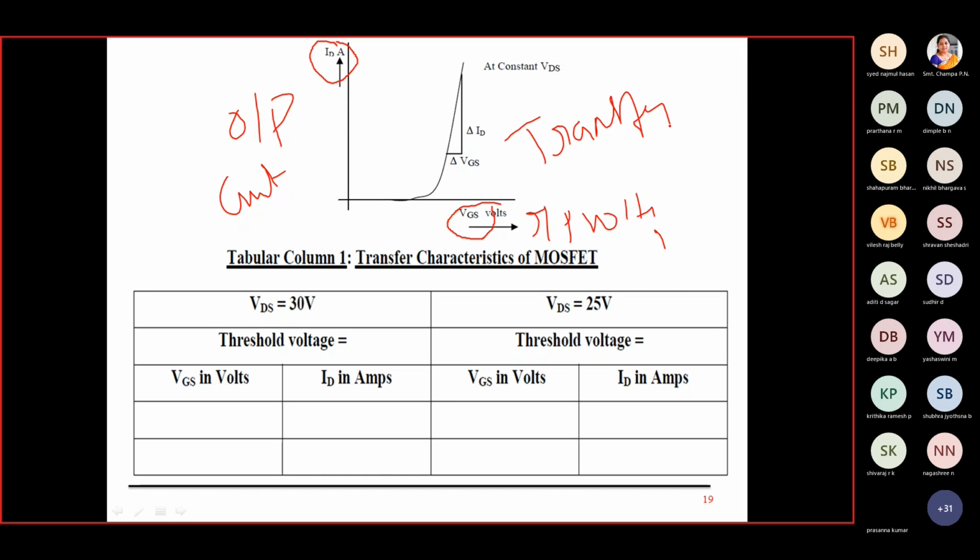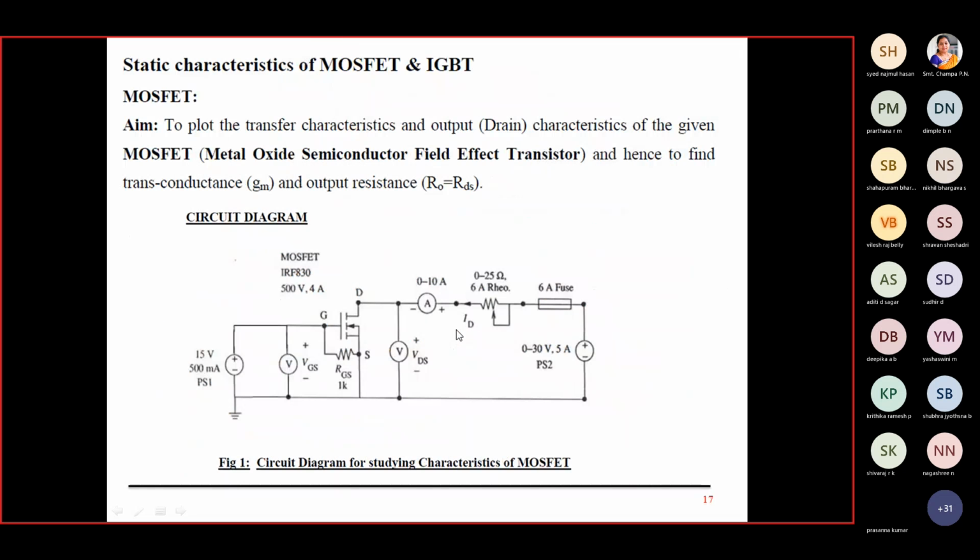Output to input, that is the transfer characteristics. It's a plot of output current versus input voltage, not output current versus output voltage or input current versus input voltage. When you take input current versus input voltage, we say input characteristics. Output current versus output voltage, we say output characteristics. But taking one parameter output and one parameter input, we say transfer characteristics. That's the first one we do.